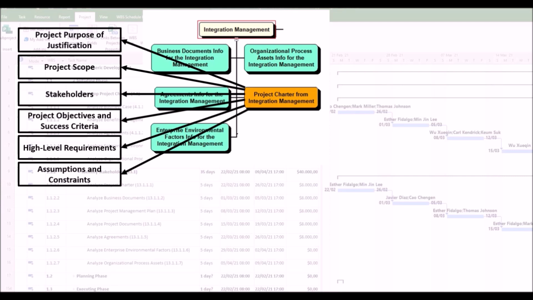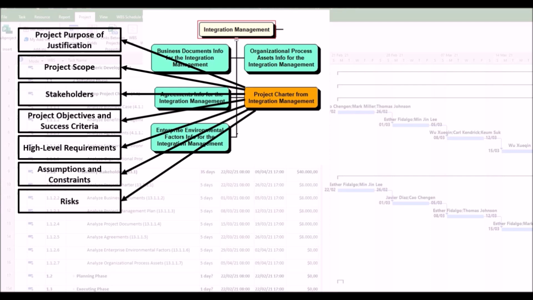6. Assumptions and constraints. With relation to assumptions, factors that are considered to be true, real, or certain without proof. With relation to constraints, limitations or restrictions that the project must operate within, such as budget, time, or resources. 7.